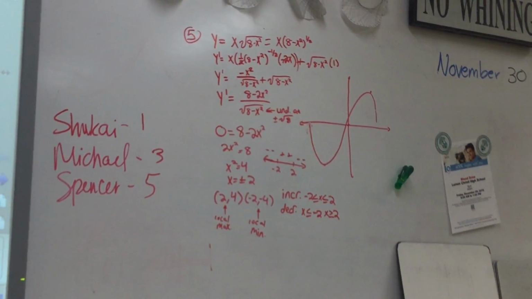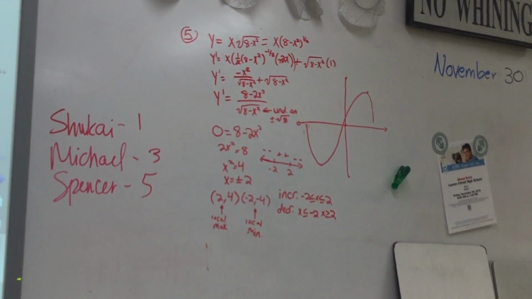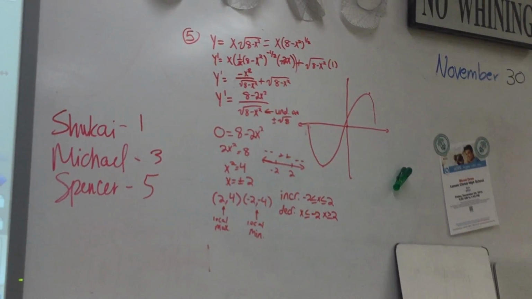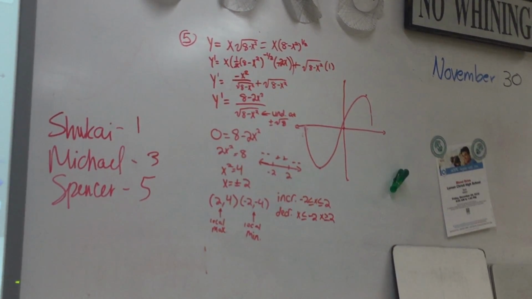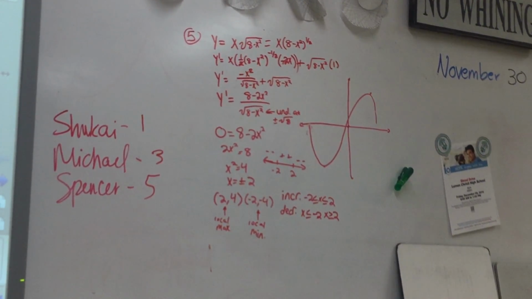Okay. So given that it is undefined at plus or minus square root of 8, because the derivative is undefined there, what does that mean for Spencer's increasing and decreasing intervals?